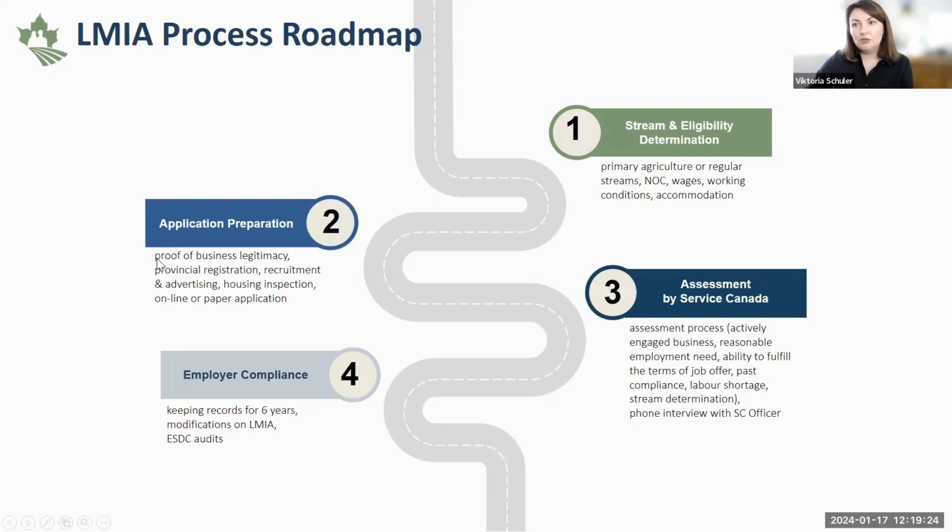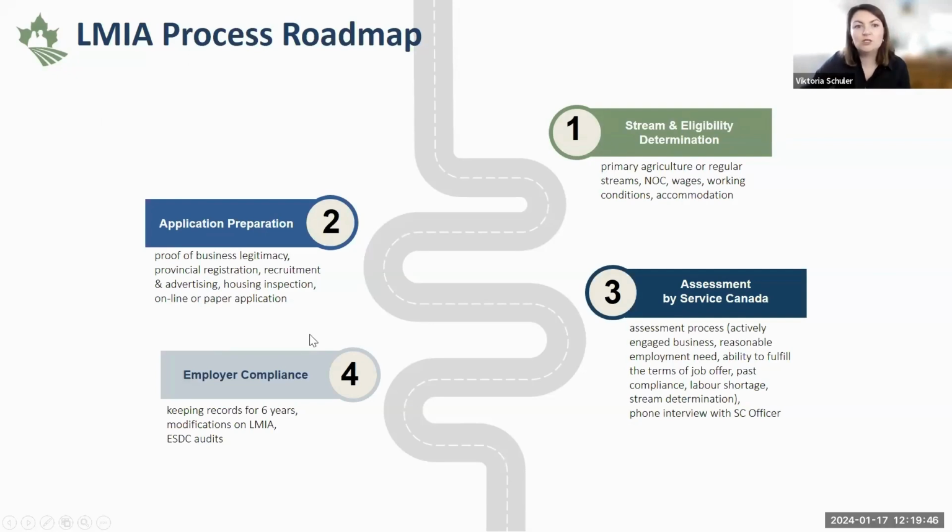Basically, you need to prove to Service Canada that you're operating legitimately as an active business, and that you're making enough profit to be able to afford to hire temporary foreign workers. Also, certain provinces require provincial legislation. I will talk about that as well.